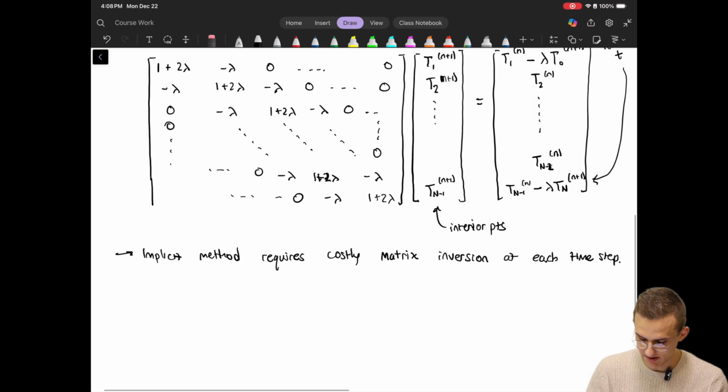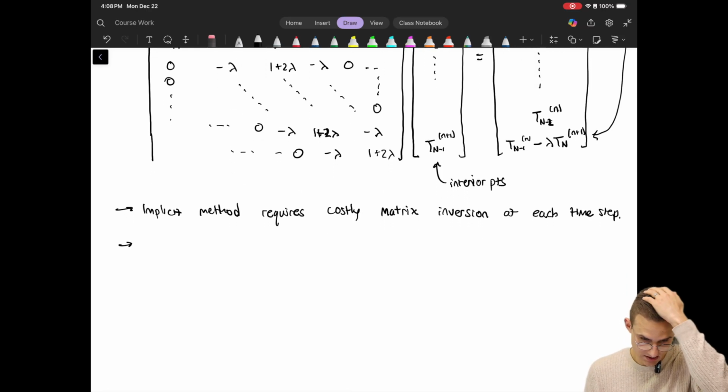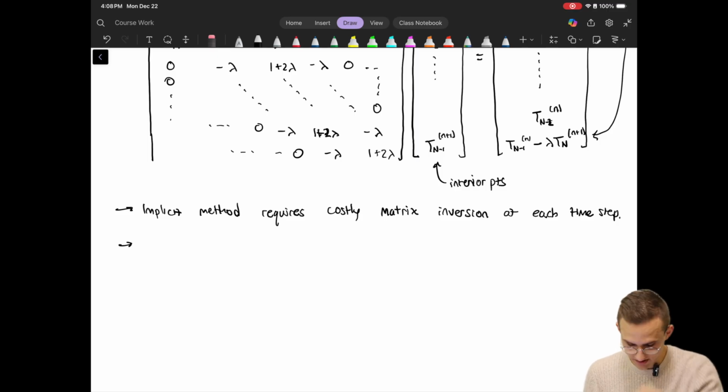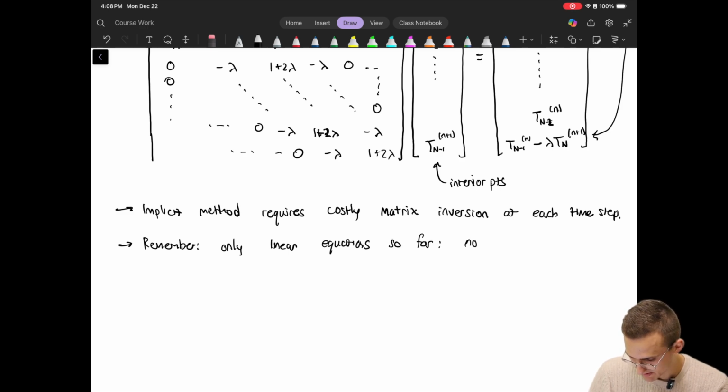So another note that I have here is that we've only been applying these methods to linear equations. So remember, only linear equations so far. Nonlinear equations require special treatment.